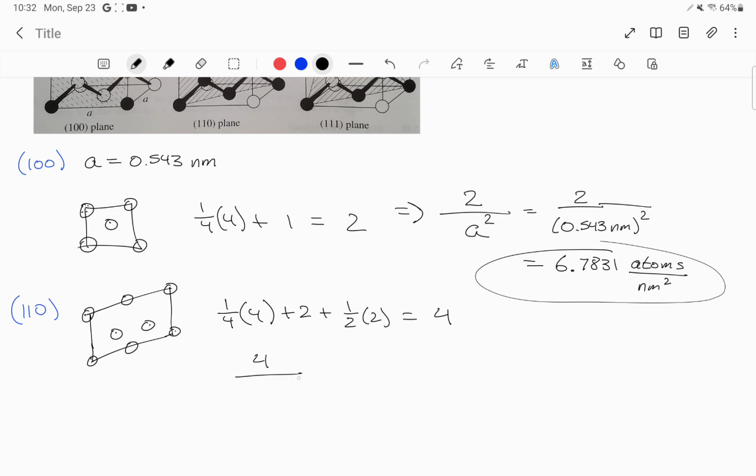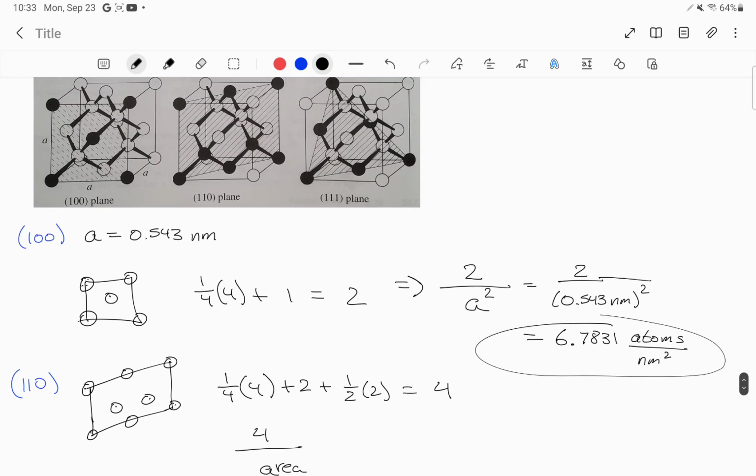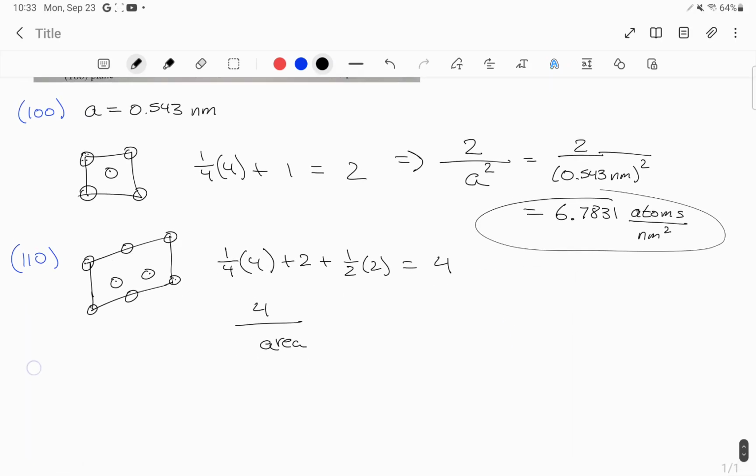So we would have 4 over the area. So if we think about this, the area of this rectangle, right? The area of this rectangle is going to be the length of the diagonal times the height.